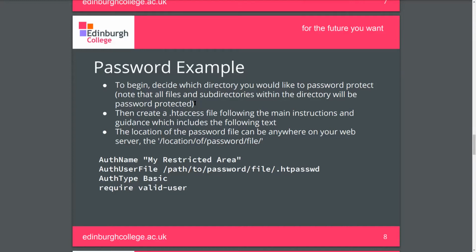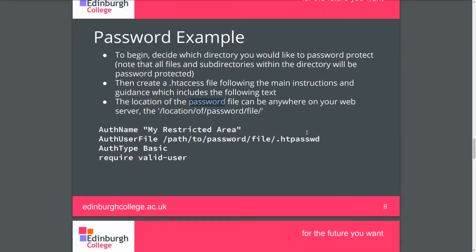Then create a .htaccess file following the main instructions and guidance, which includes the following text. So we need to have this text here. Then we need to create a password file.